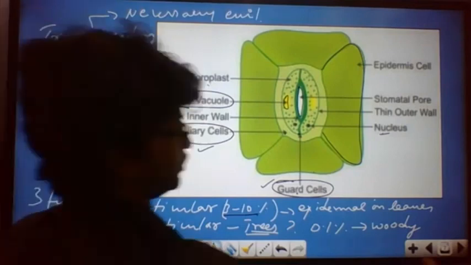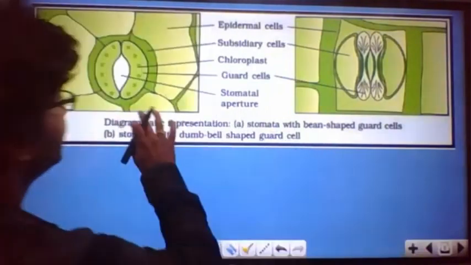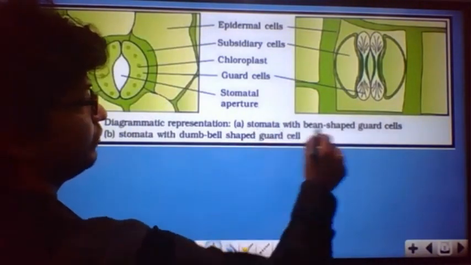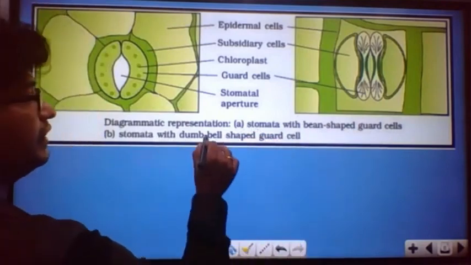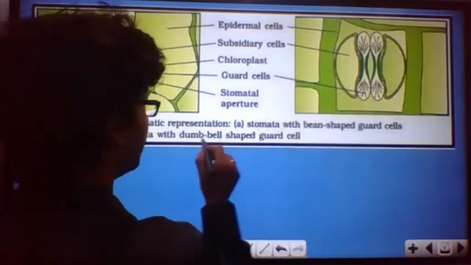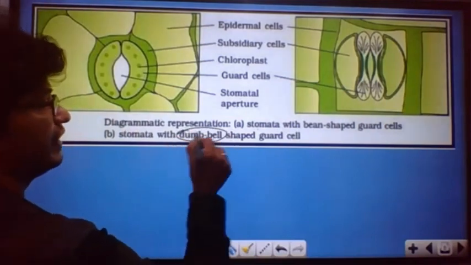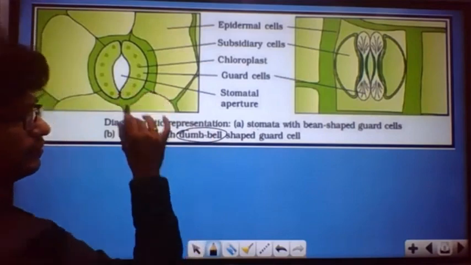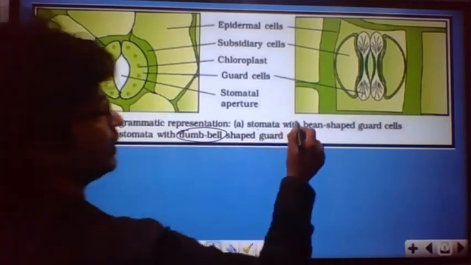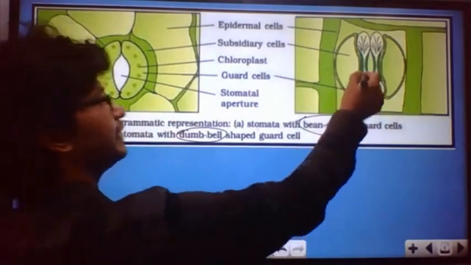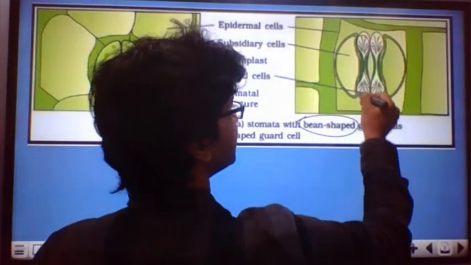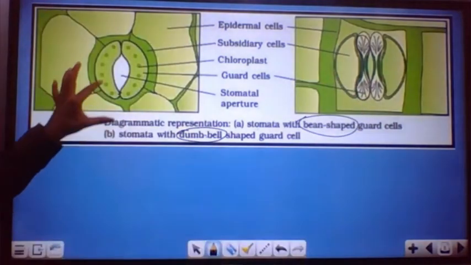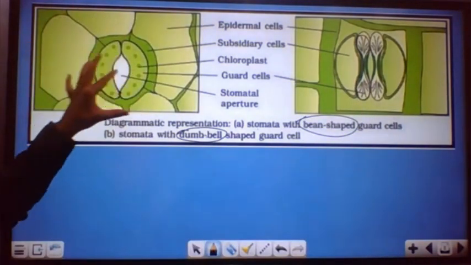When you talk about the structure of the stomata, you can see it in both monocots and dicots. In monocots you see stomata with the dumbbell shape, whereas in dicots you see stomata with the bean shape, looking at the surface.